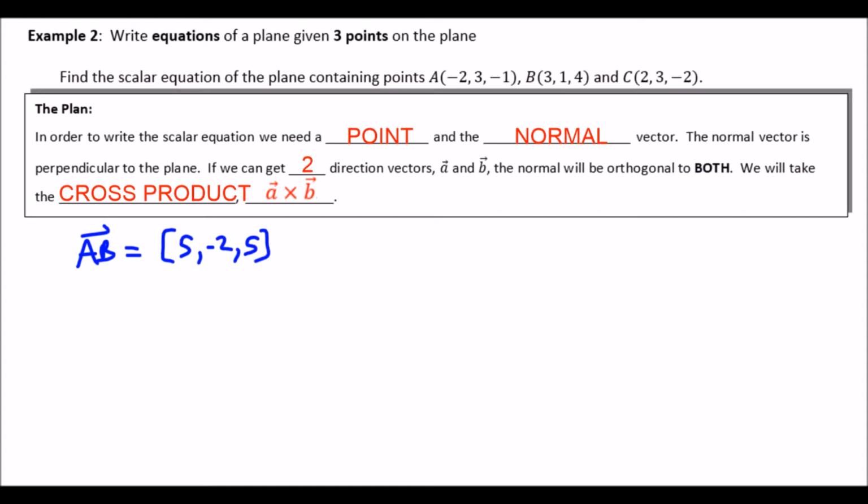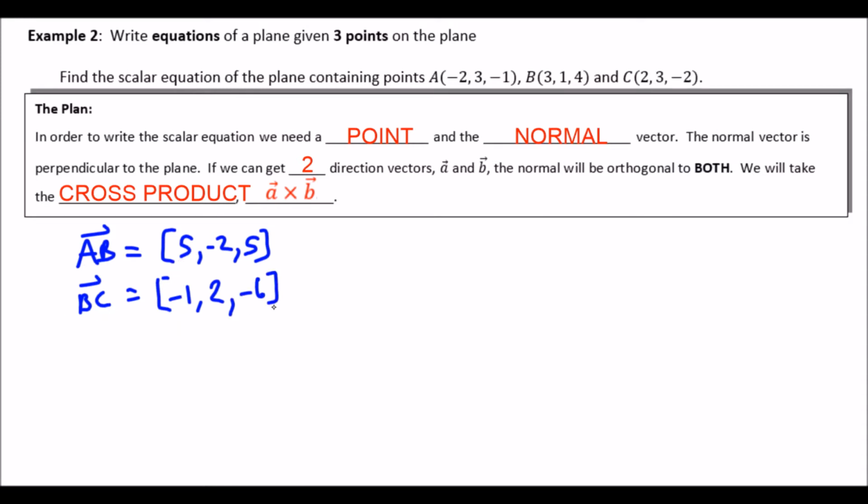So there's AB. Let's find another one. Let's do BC. So I'm going to do 2 minus 3, negative 1, 3 minus 1 is 2, and then finally, negative 2 minus 4 is negative 6.